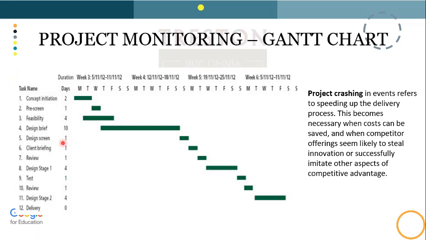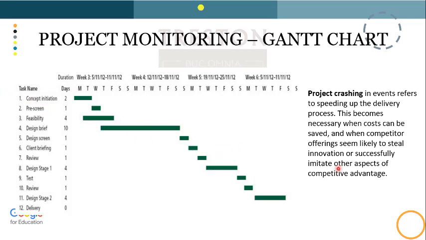The Gantt chart shows you what tasks are going to be conducted here on the left side, and then you have the timeline here and what is the timeline in completing this task. For example, the concept initiation, you have 2 days for it. There are different types of Gantt chart there if you Google it, but this one is a common one.